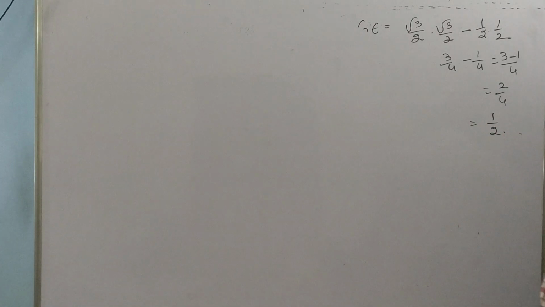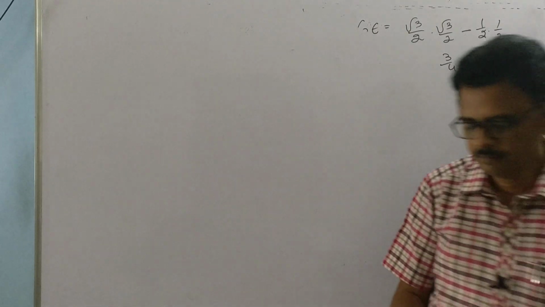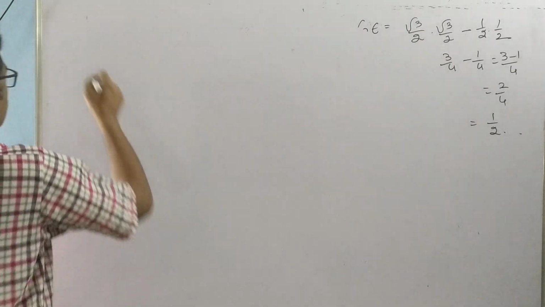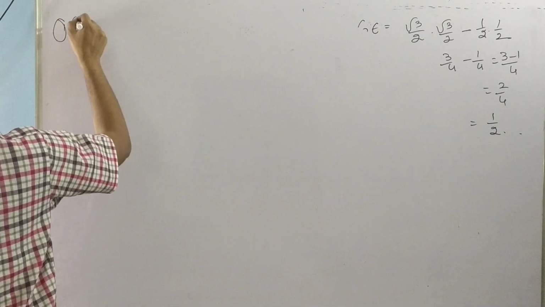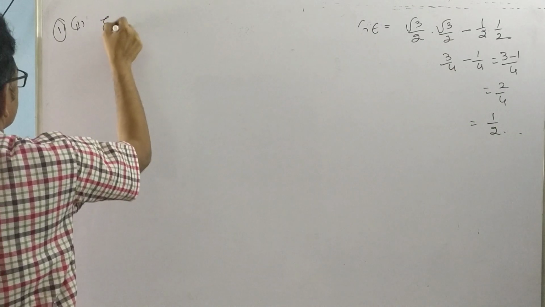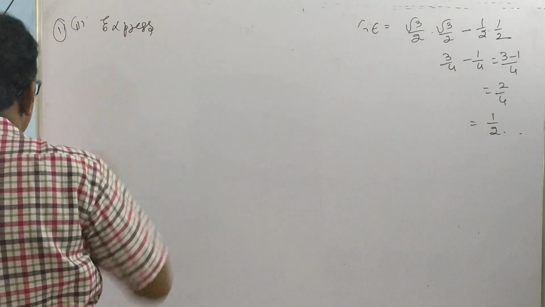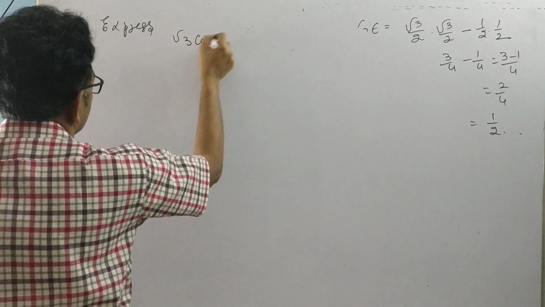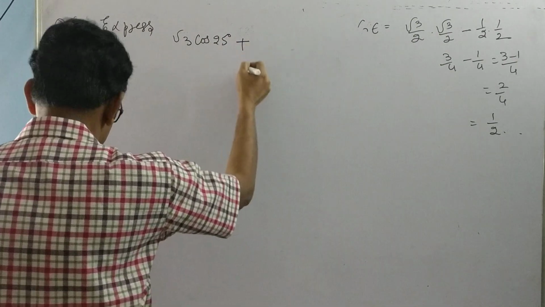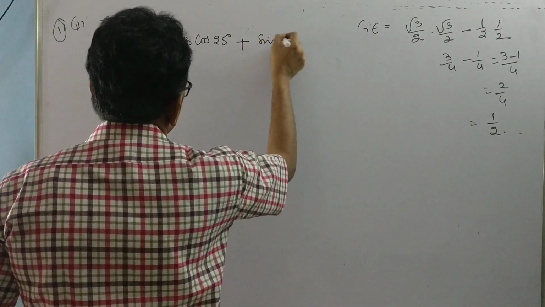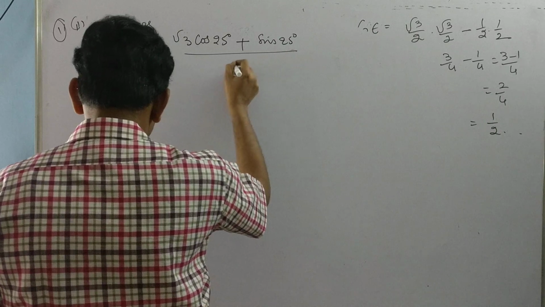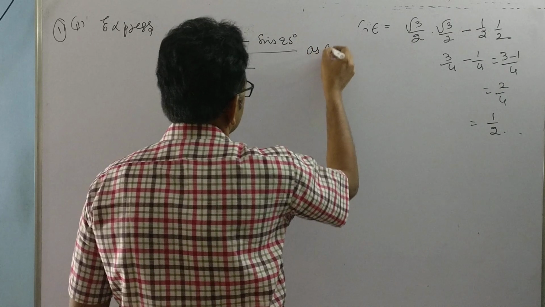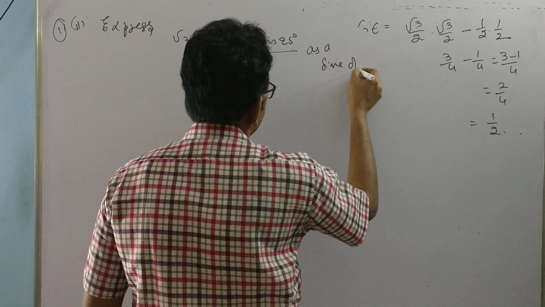Next problem: express root 3 cos 25 degrees plus sin 25 degrees by 2 as a sine of the angle.